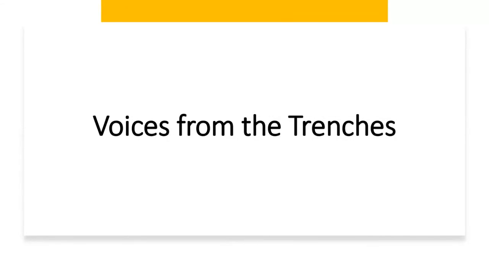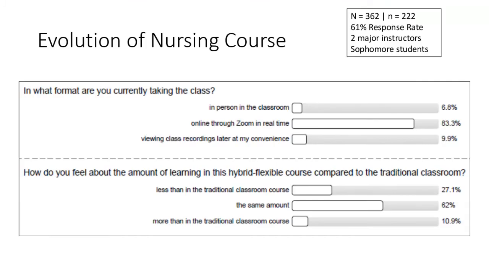Okay, so let's hear voices from the trenches. These are student voices, voices of the students who are now studying in the HyFlex or HyFlex-ish model. In the College of Nursing, we do midterm evaluations on our online asynchronous courses, and also by demand from those instructors who are interested to find out what is happening in the trenches in the middle of the semester.